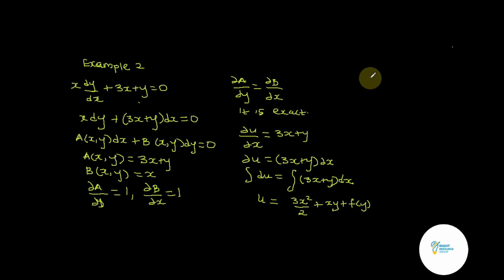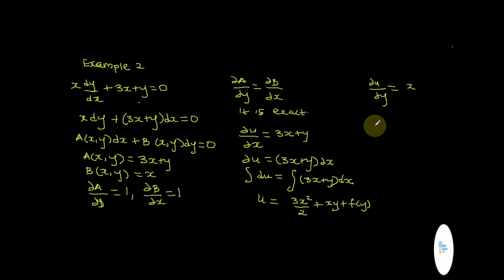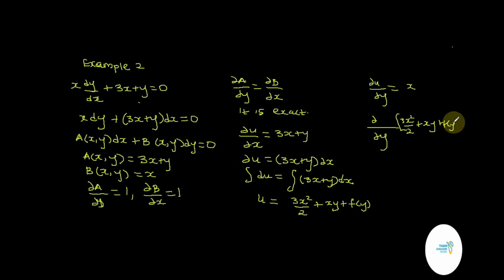Also, we know that ∂u/∂y equals x. So we have already gotten a solution for u, and we have to substitute it. When we substitute, we have 3x squared over 2 plus xy plus f of y equal to x.